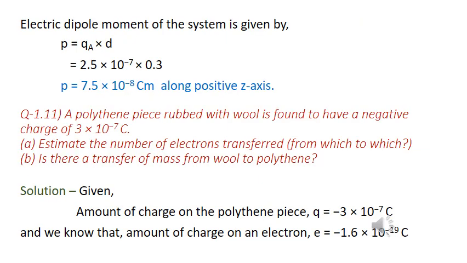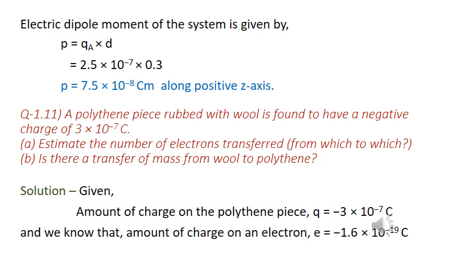To get the value of electric dipole moment of the system, we can use the formula P is equal to Q into D. By putting the values and calculating, we get P is equal to 7.5 into 10 to the power minus 8 coulomb meter along positive z axis, since the direction of P is from negative charge to the positive charge.